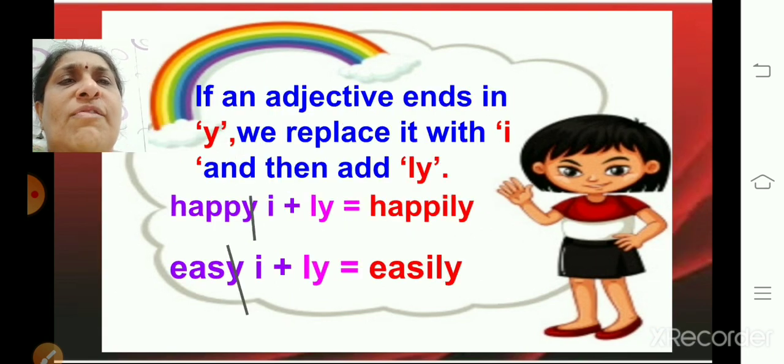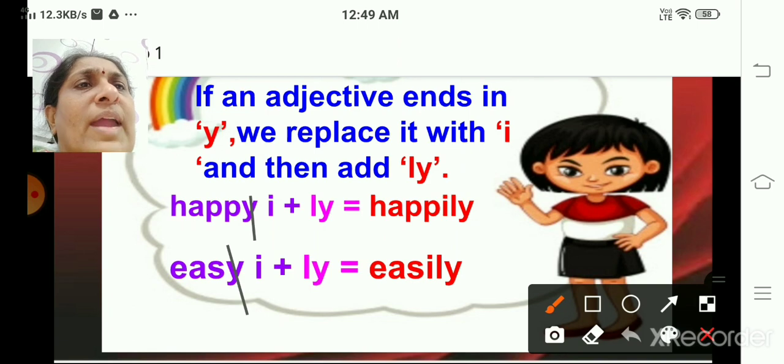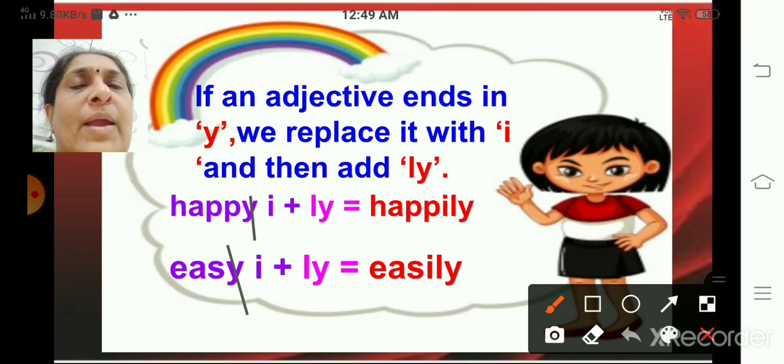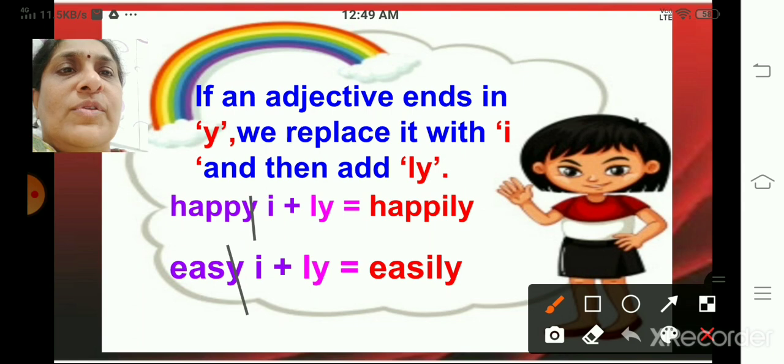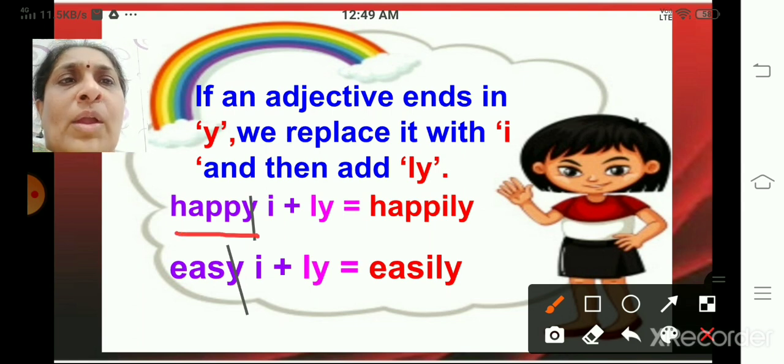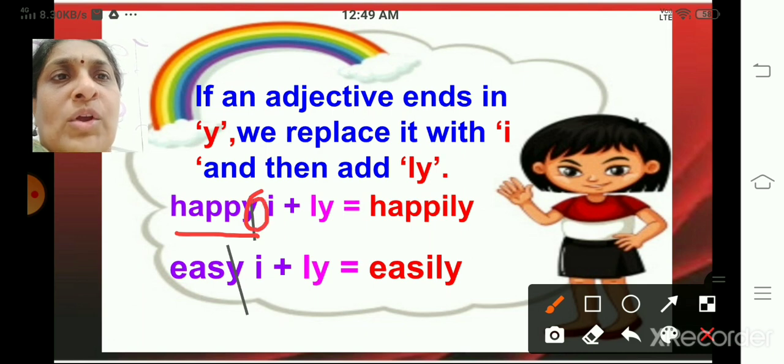Now, if an adjective ends in y, we have to replace the y with i and then add ly. If you see the word happy, it is ending with y. So what do we have to do? Instead of y, we have to write i and then add ly.